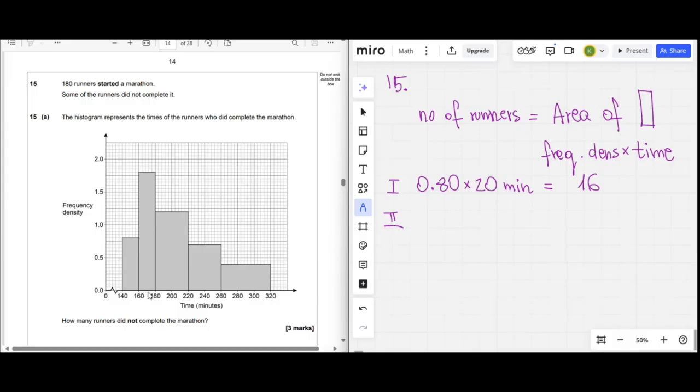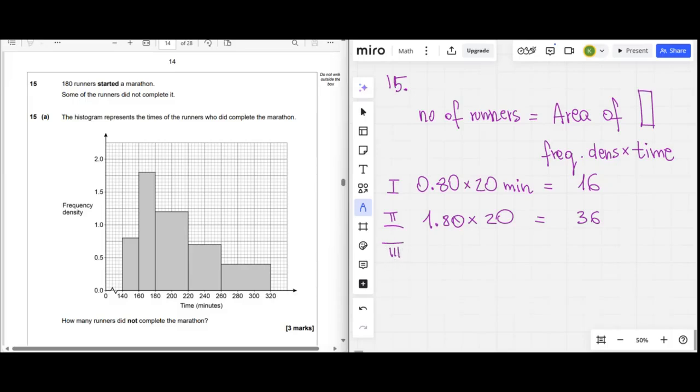In the second block, we had again 20 minutes, but the frequency density is 1.8, I believe. That gives 36.